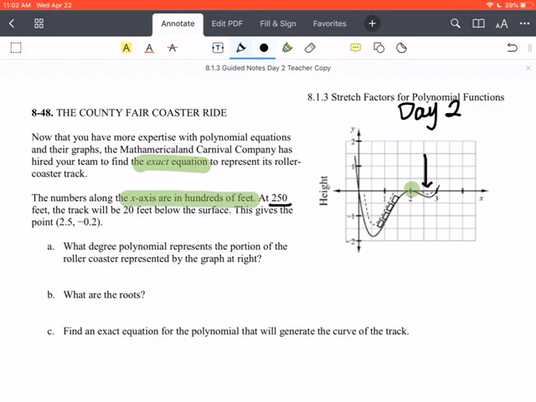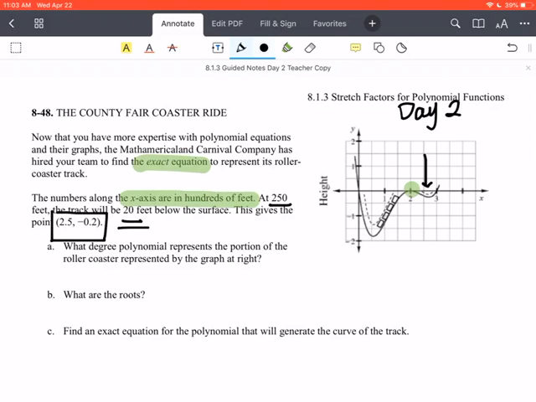So at 250 feet, the track is 20 feet below the surface. So that means that using the scale that was set for us, the point (2.5, -0.2) represents the point that they are describing that I've drawn an arrow to, okay? So we're going to answer a few questions about this graph.